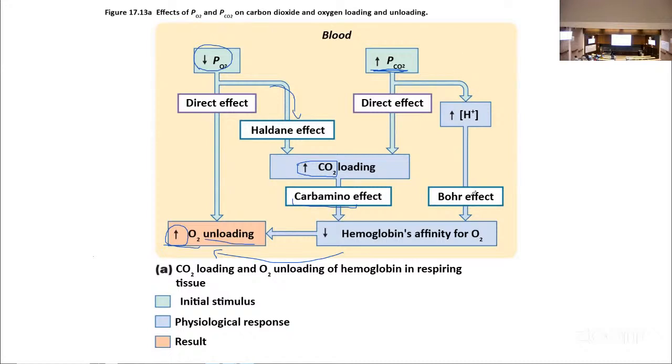And we also know that there's an effect of pH on hemoglobin's affinity for oxygen. As we see the number of hydrogen ions going up, because we're converting this carbon dioxide, that's the Bohr effect. And it does the same thing as the others, increasing oxygen unloading by lowering the affinity of hemoglobin for oxygen.